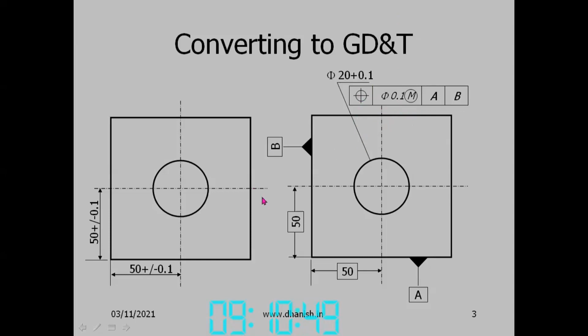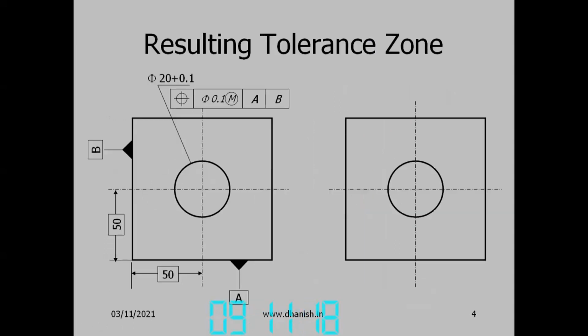So we have to first mark a point 50 from A and then 50 from B, and then draw a circle of diameter 0.1 with this correct center, and the position of the hole should lie within this circle. If it is within the circle, the part is acceptable, otherwise not. So the true position of the hole center should lie within a circle of diameter 0.1.